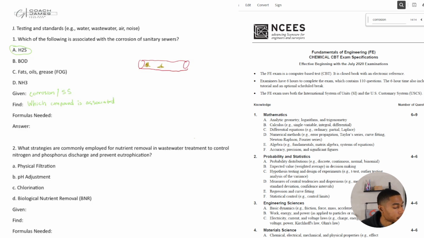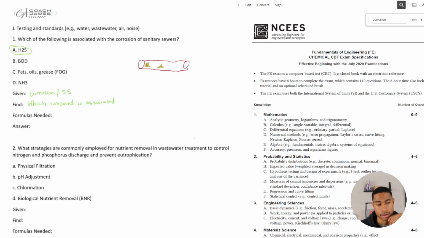And I'm gonna do a quick search. What is NH3? Ammonia is NH3. Ammonia is very dangerous. It means without water. It's used in nitrogen fertilizer.